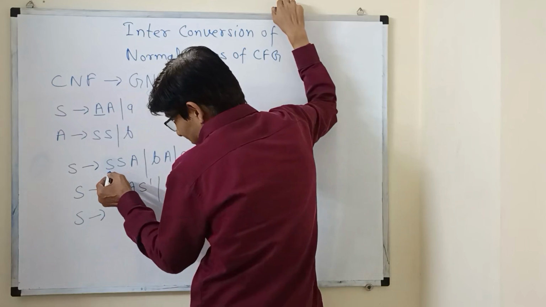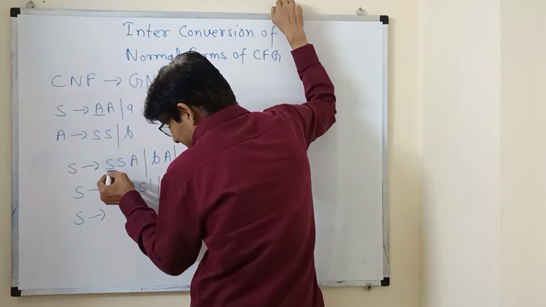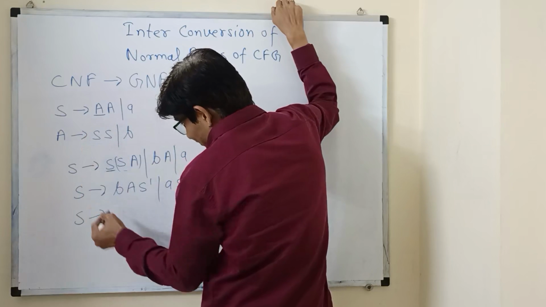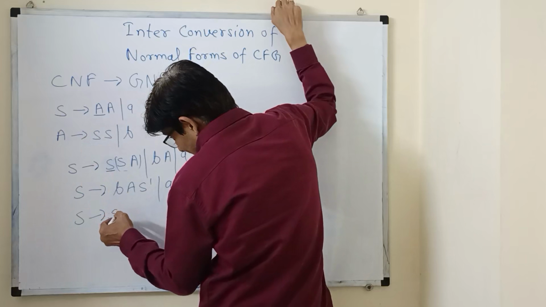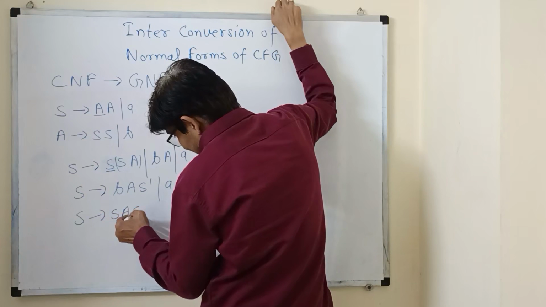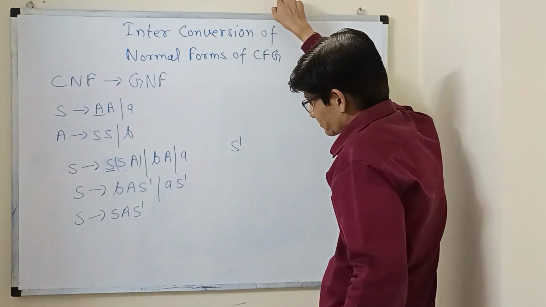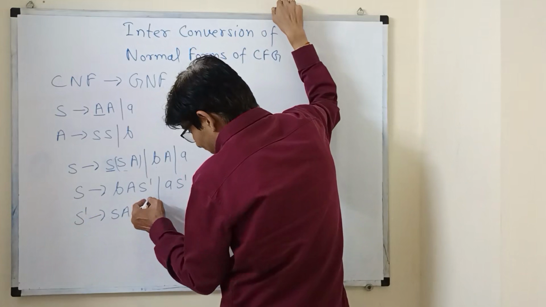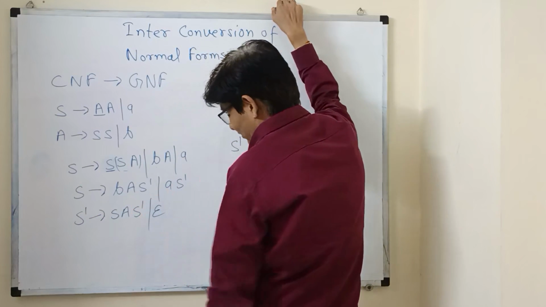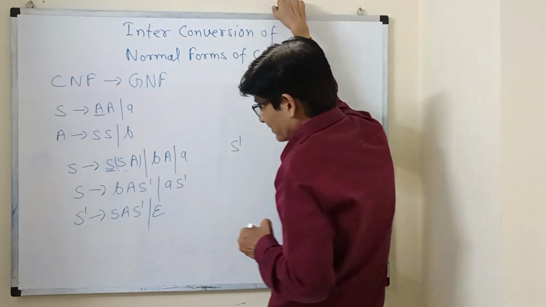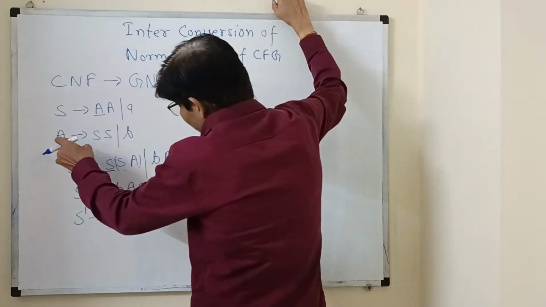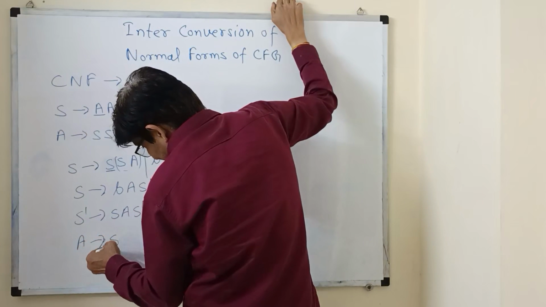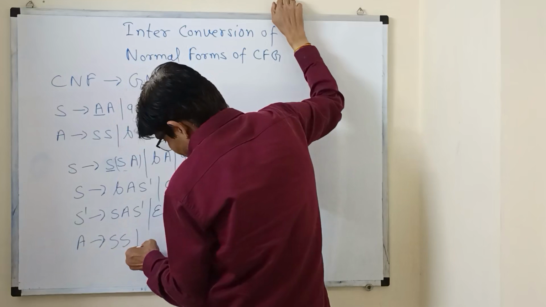Alpha is whatever comes after this S, which is considered as alpha. So this is your alpha. Now you can see S A S dash, S A S dash. When we are writing the production of S dash, we also include one epsilon production here. So S dash gives epsilon, we will add, and the production of A will be as it is, like A gives SS and A gives b.